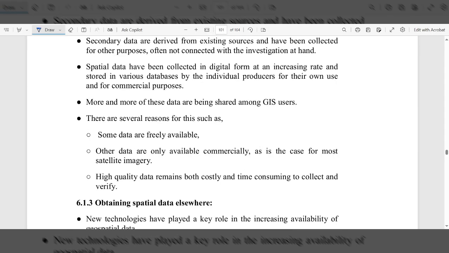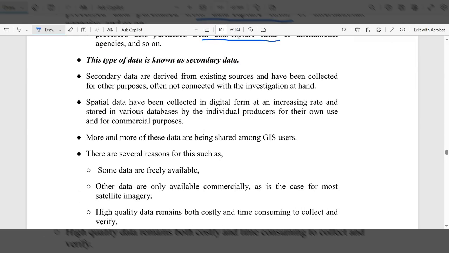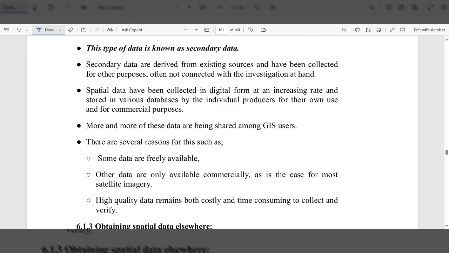Okay. Now the other type of data is known as secondary data. Now whatever we discussed is primary, right, directly from the sources. So secondary data is derived from existing sources and can be collected for any other purpose, right, often not connected with the investigation at hand.